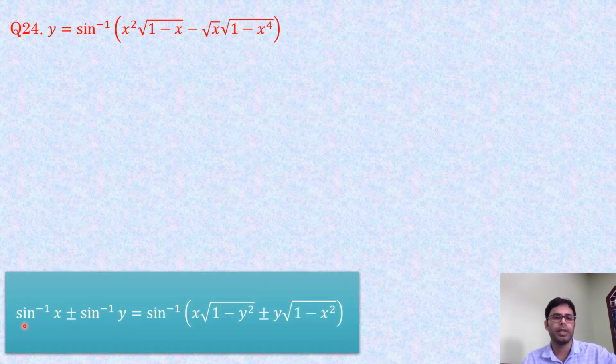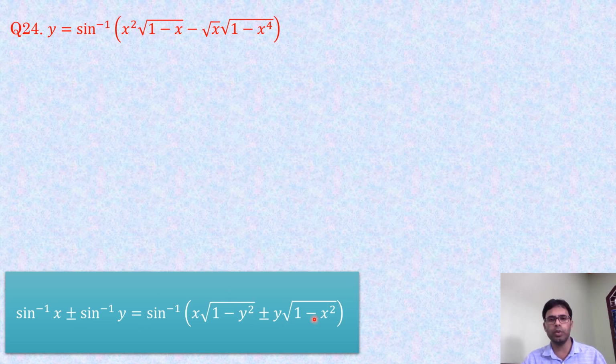This is the formula: sine inverse x plus or minus sine inverse y is equal to sine inverse of x into root over 1 minus y square, then if this sign is plus, here will be plus, if this sign is minus, then here will be minus, then plus y into root over 1 minus x square. Simple, these two sine inverse functions are combined by using this formula: sine inverse of x into root over 1 minus y square, plus y into root over 1 minus x square.